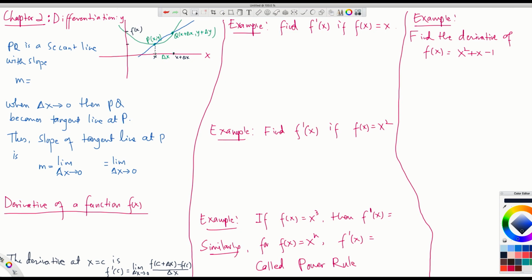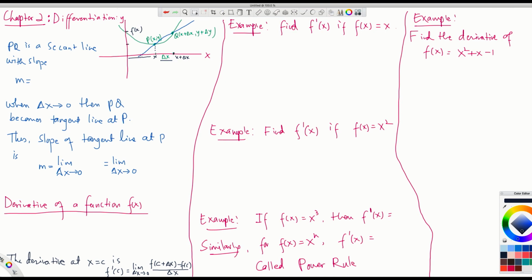Because this length is x and this length is delta x. So the whole total length is x plus delta x. Suppose the height of the function at the point x plus delta x is y plus delta y. So the coordinate of this point Q is x plus delta x, comma, y plus delta y.